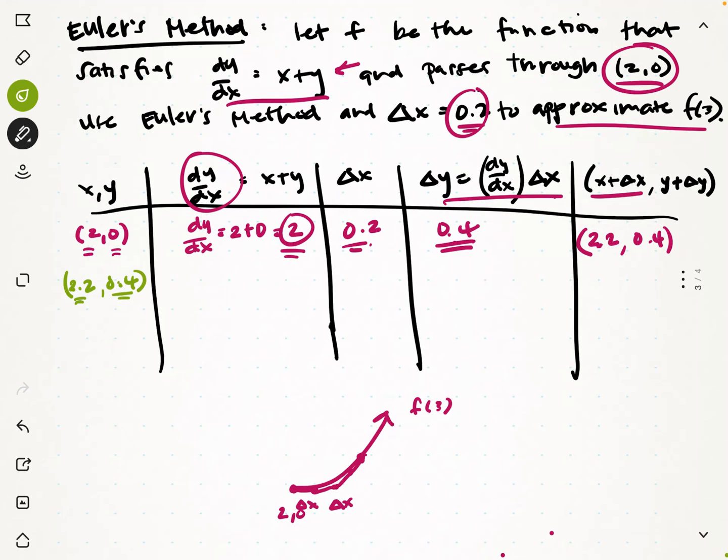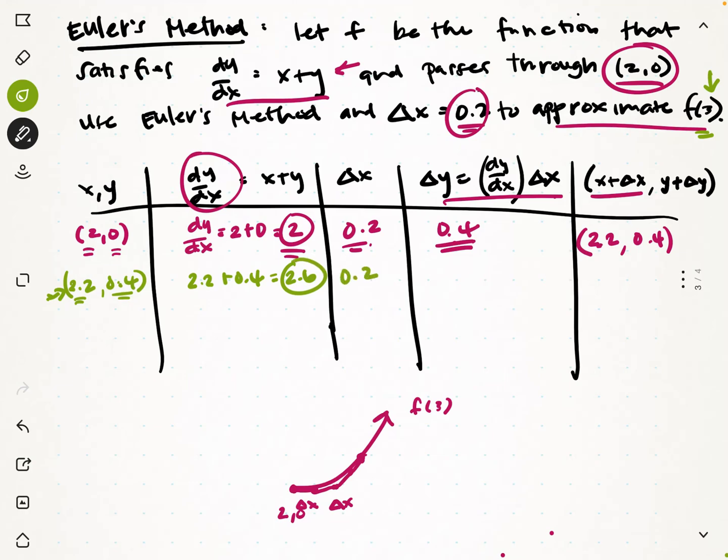We know we're going to stop when our x is 3, because we're looking for an approximation of the function value when x is 3. Okay, we're going to repeat the process. dy/dx is x plus y, so we do 2.2 plus 0.4, which equals 2.6.